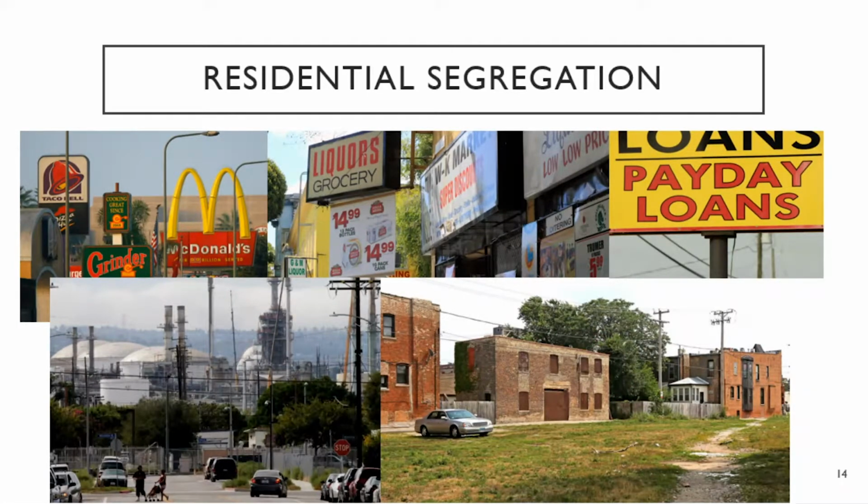Segregated neighborhoods are characterized by food deserts where there's a lack of supermarkets to find nutritious and affordable food. There's high levels of advertising and sales of alcohol, tobacco, and fast food outlets. There's poor infrastructure and institutional neglect. There's poor quality housing, lack of sidewalks, parks, or other safe areas of recreation.